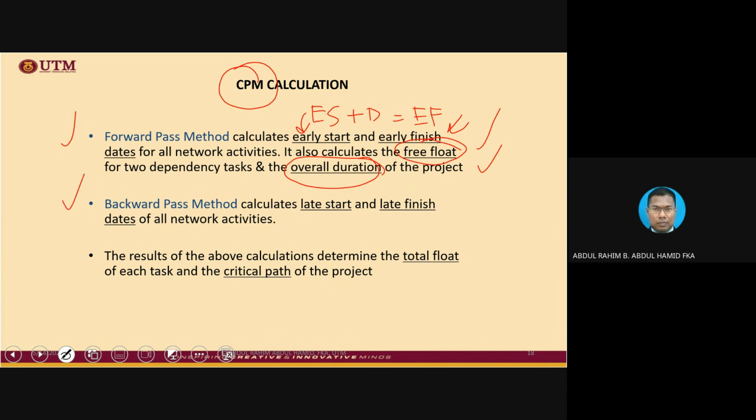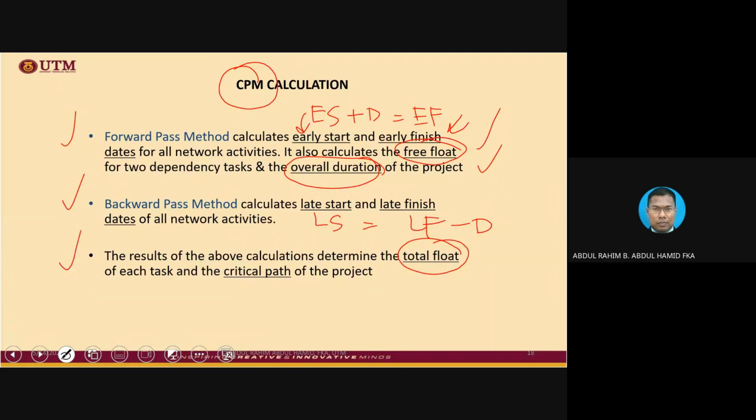Backward pass method is used to calculate late start and late finish. So how do we get late start? Late start is obtained by deducting the duration from late finish. That will be the backward calculation. And after we complete all the values, we can calculate the total float.